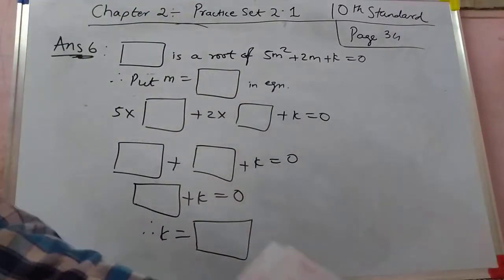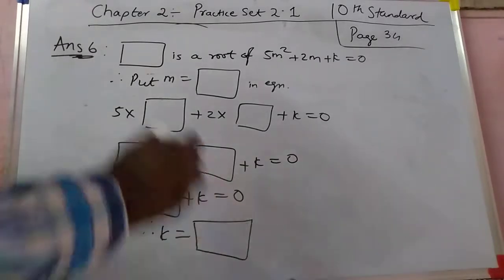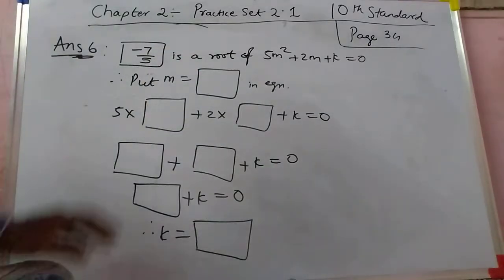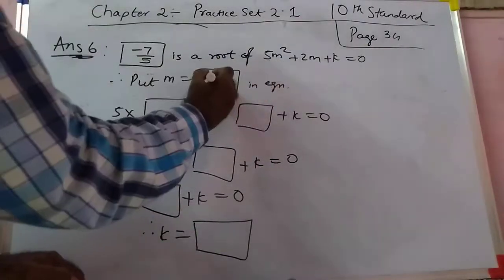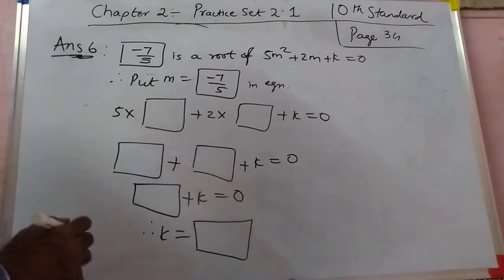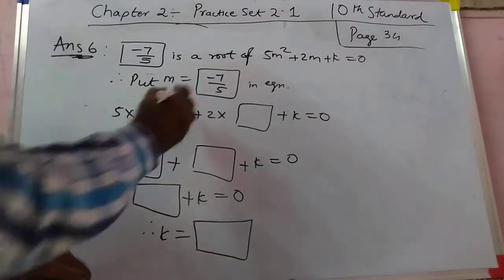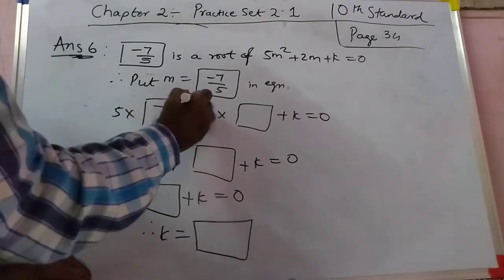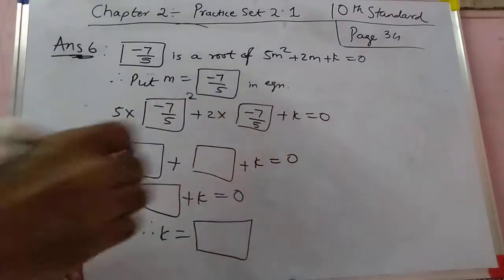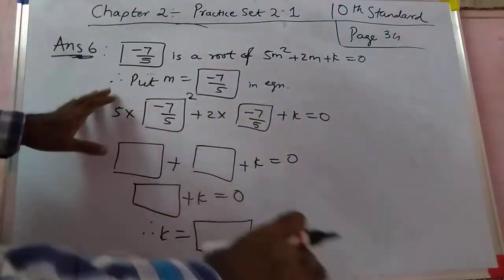So they are already given, minus 7 by 5 is given here. So that we can write it there, okay? And that's why we put m is equal to equation 1, so minus 7 upon 5. So that we will put it here, okay. And it is square, okay. And here also the same, minus 7 upon 5. Okay. So now we'll do the rough work here. Let's solve this in the rough work.